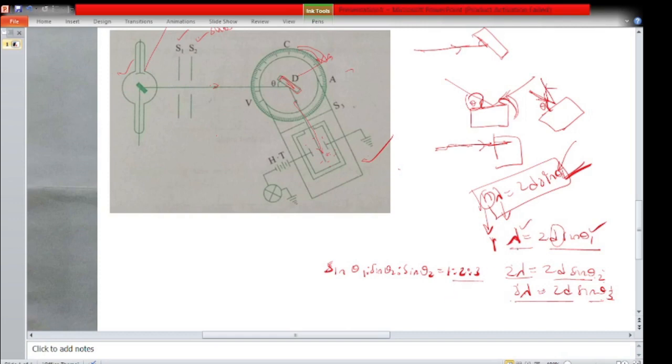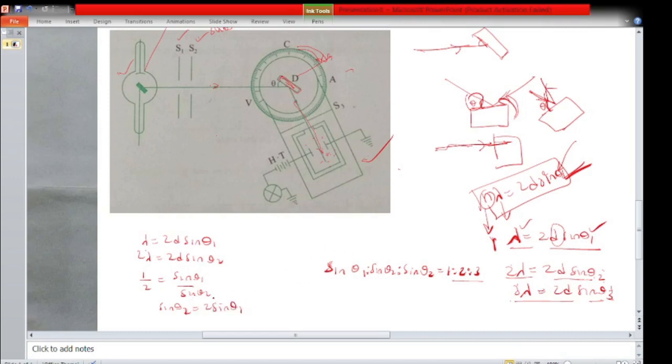Okay, I hope you understood that. Let us put that here. For example, lambda equals 2d sine theta 1, and then 2 lambda equals 2d sine theta 2. If you divide these two, then we get 1 by 2 equals sine theta 1 by sine theta 2, or we can say sine theta 2 equals 2 times sine theta 1.